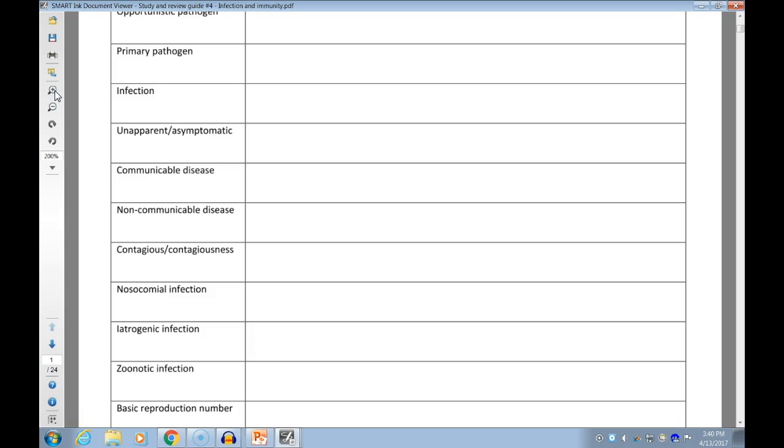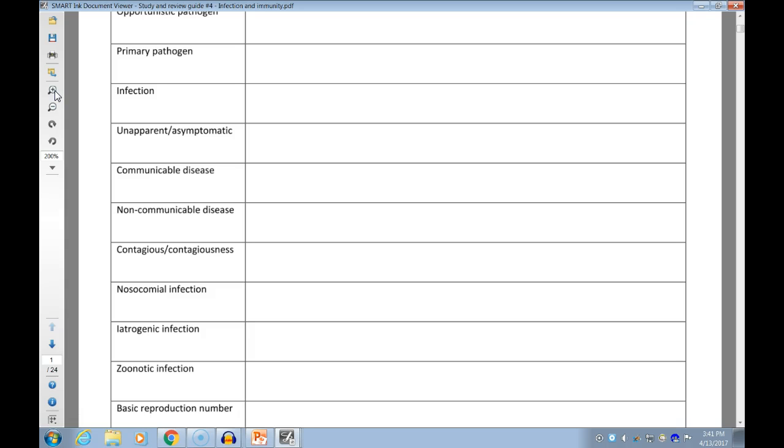So I go to the hospital because I have cancer and I need to get irradiation, and my latent CMV becomes acute CMV. That infection, acute cytomegalovirus infection, is it nosocomial or iatrogenic? Iatrogenic, because it's a result of a procedure.